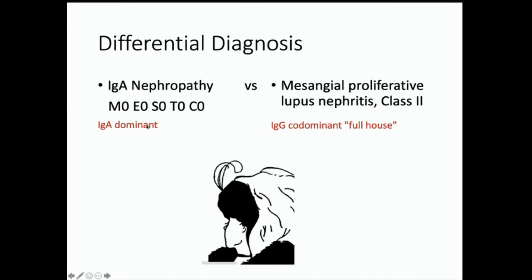However, depending on how we view it, we can also view it as IgA dominant with some IgG, minimal C1q and C3, and minimal IgM. Then I would go with IgA nephropathy. So the differential diagnosis is lupus nephritis versus IgA nephropathy. The treatment and management is different.